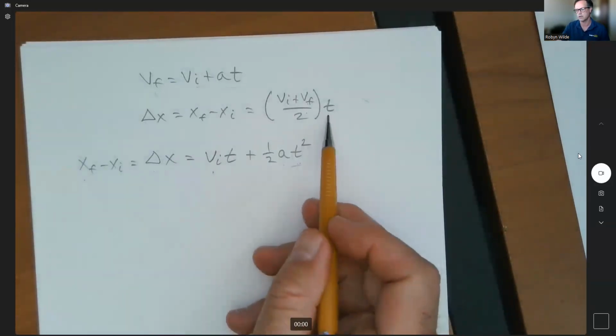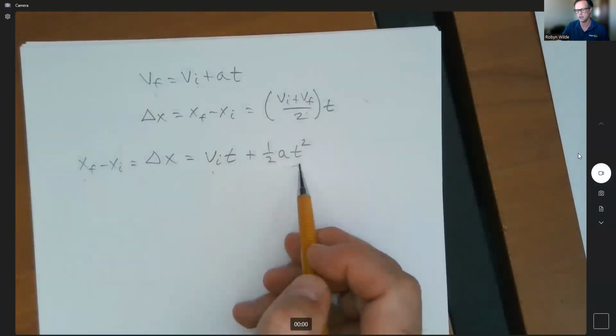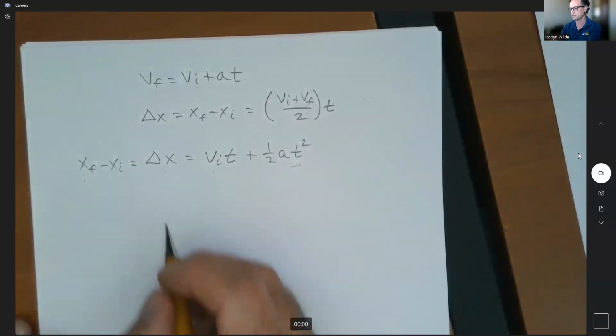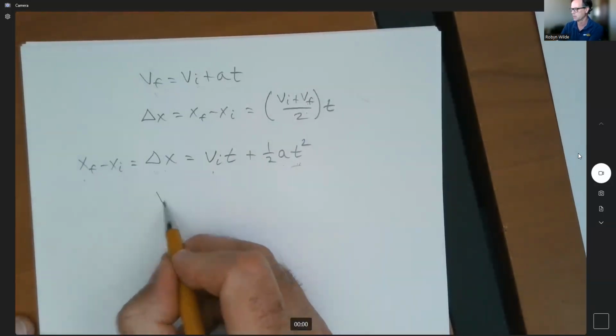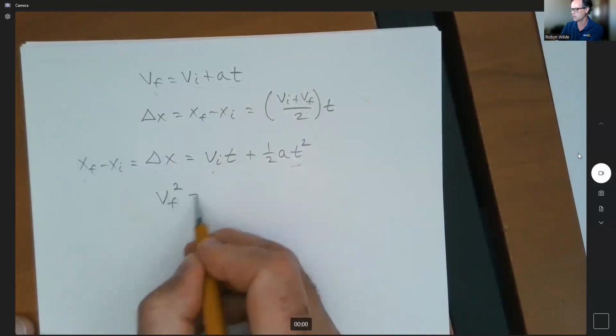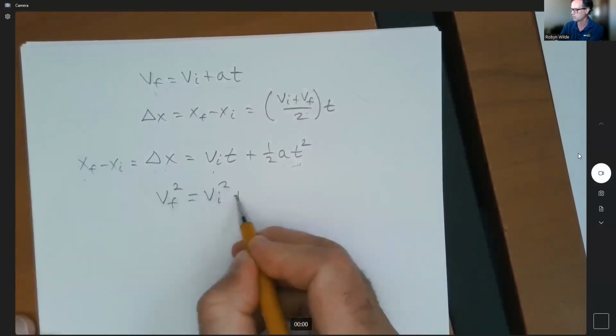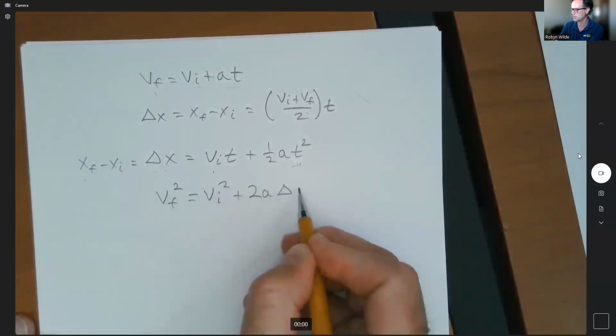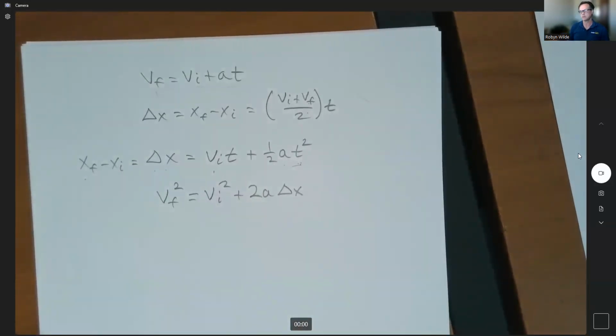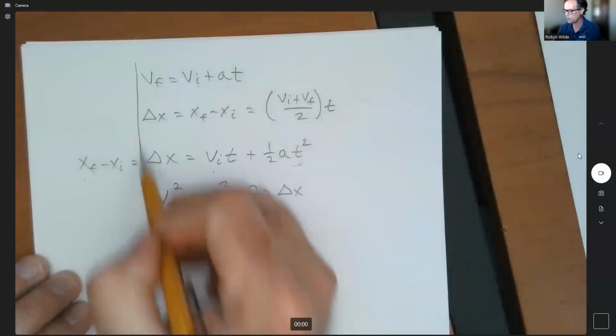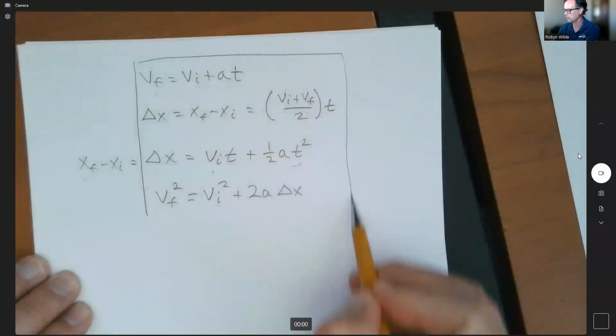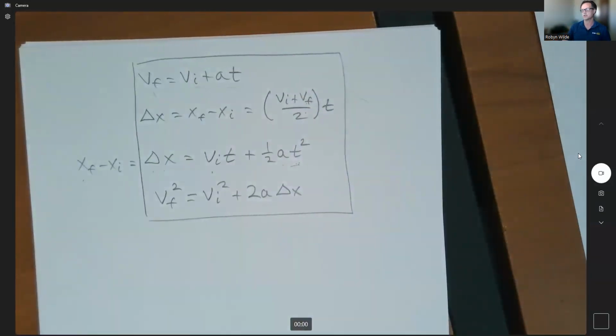I could solve for t from this equation and plug it into here, do some more manipulations. I'm not going to go through all those. What you end up getting is V final squared equals V initial squared plus 2a times delta x, the displacement. So these four equations are what I call our kinematic equations.